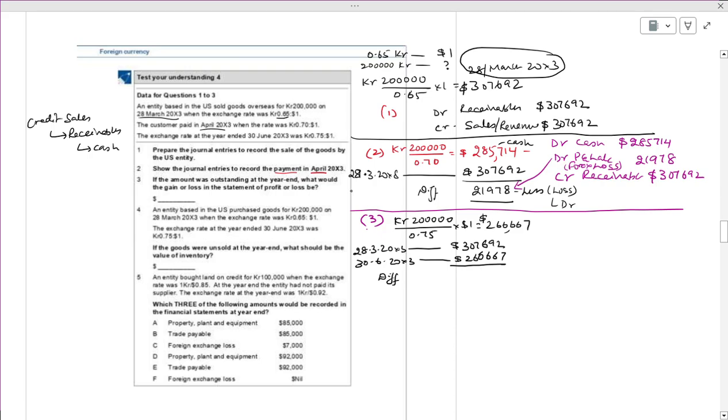307,692 minus 266,667 is 41,025. Receivables are increasing or decreasing?